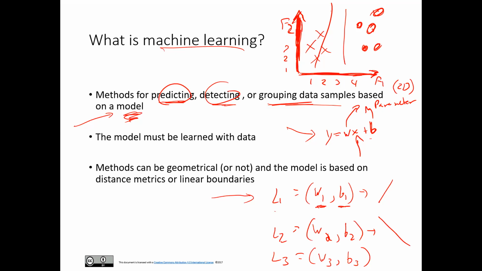Just intuitively, just by looking at the picture, which one of those two lines do you think would be a better model? L3? So this is L3, and this is L1. Which one do you think might be better?